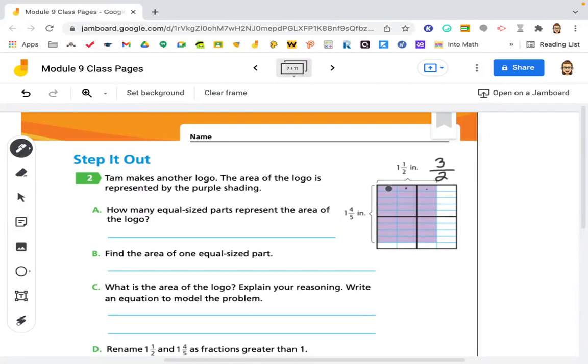When we come down here, we have 1, 2, 3, 4, 5, 6, 7, 8, 9. So you have 9/5. So again, I made an improper fraction here. And so we'd have 3 times 9, which is going to be 27 equal sized parts.